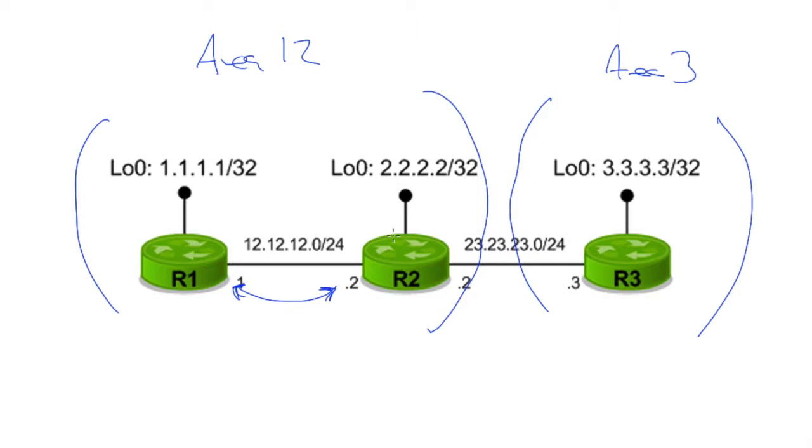Router 2 and router 3 will be in different areas, because router 2 will belong to area 12 and router 3 will belong to area 3. The only way that they're going to communicate with each other will be by a level 2 adjacency. So we're going to have a level 2 adjacency here. And this we won't have to configure.